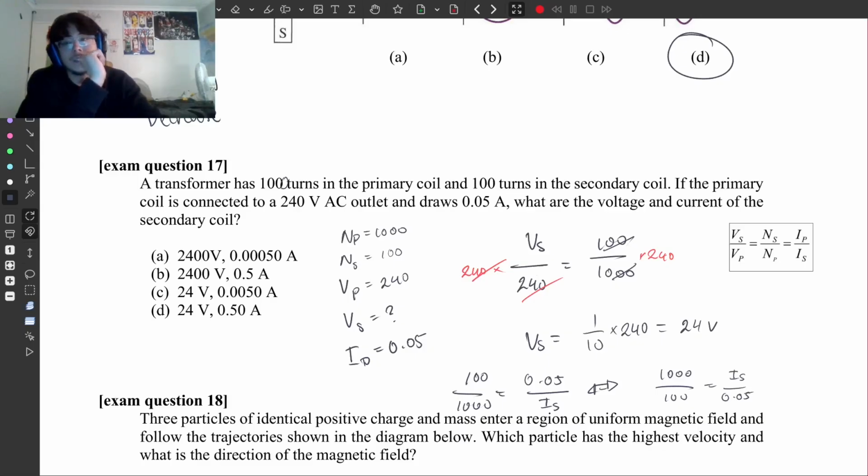And now that I've done this, I can times both sides by 0.05. That cancels, and we get IS. This is going to be equal to 1000 over 100, so those zeros cancel. 0.05 times 10, which is equal to 0.5 amps. So 24 volts, 0.5 amps. Your answer is D.